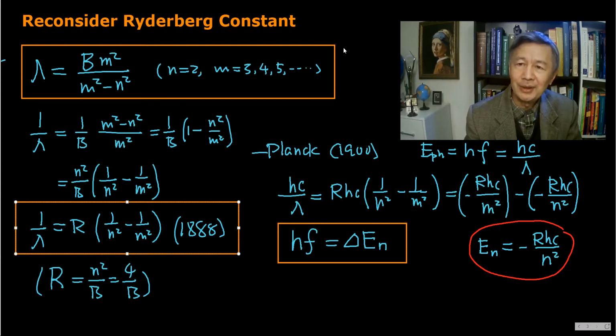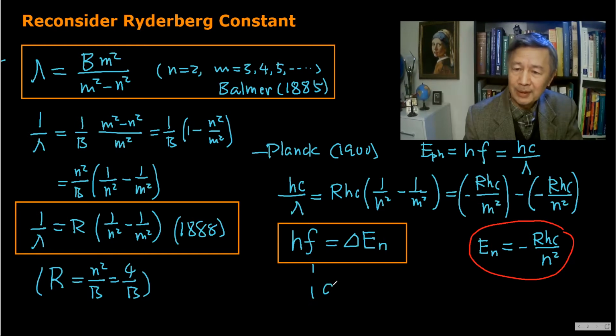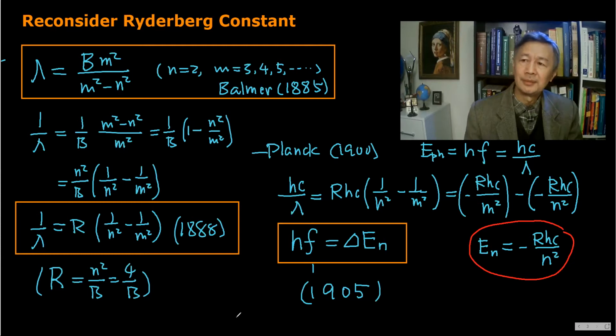And this could be Rydberg's formula around 1905, I hope, I wish, but it didn't happen. It could have been a formula named after Rydberg in the history of atomic physics.